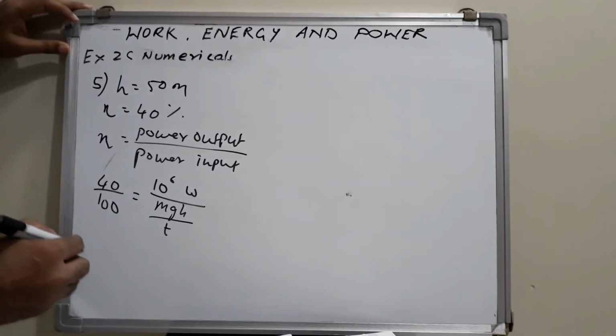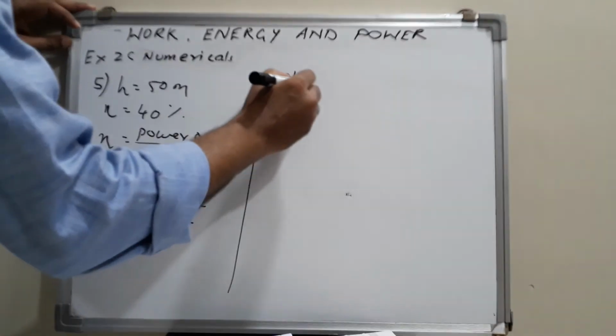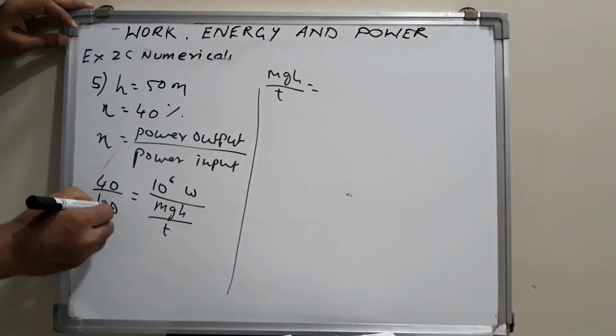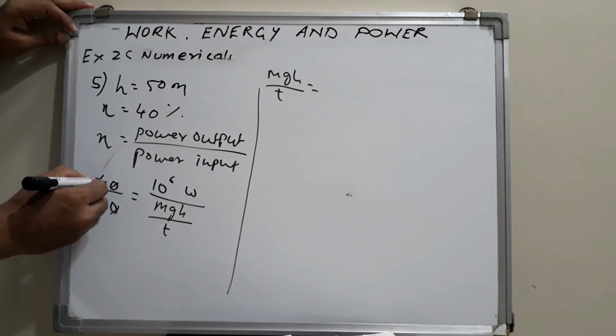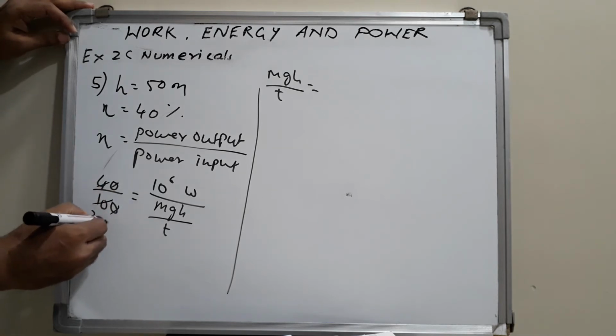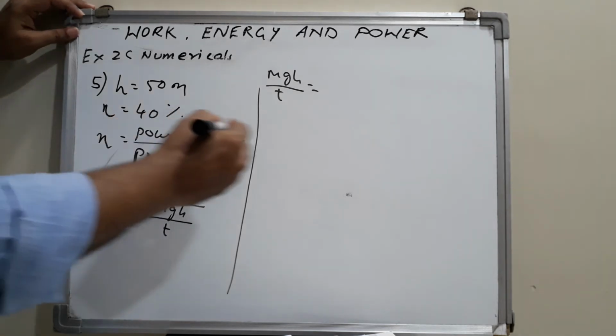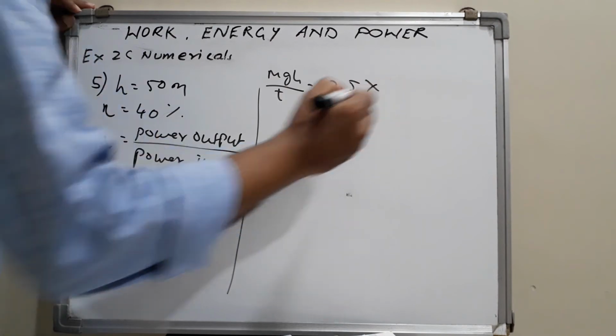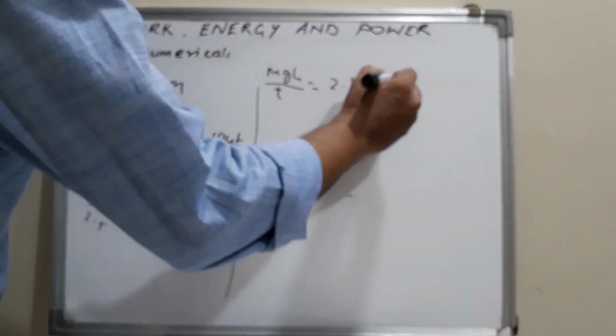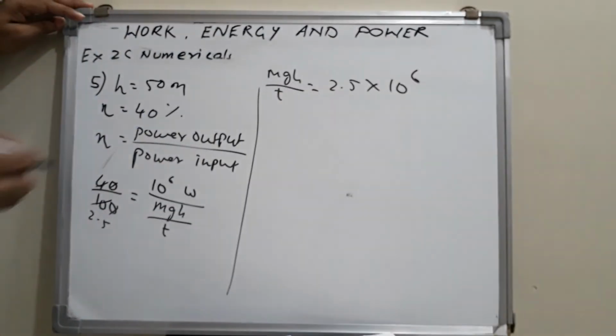So from this I get mgh upon T is equal to, I'll cancel this 1 zero and this also, as 2.5. So mgh upon T is equal to 2.5 into 10 raised to 6. I'll put the values.